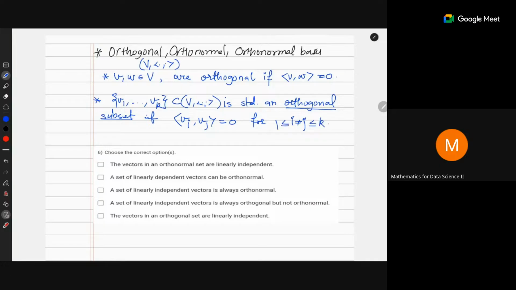So if they are mutually orthogonal to each other, then we say the subset is orthogonal.